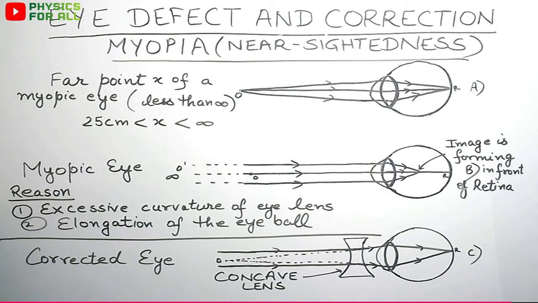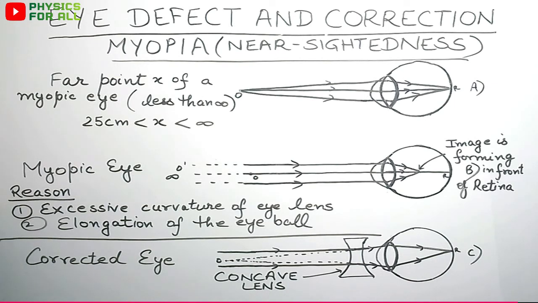We want to increase the focus where rays are going to fall. That is the point, the retina. So the concave lens would diverge the rays, and those diverging rays will fall upon the convex lens, and then it would converge them again, but then definitely the rays would fall onto the retina.